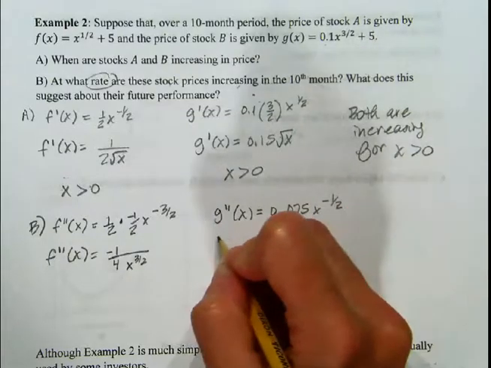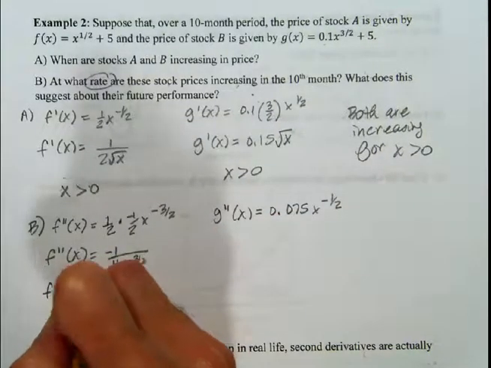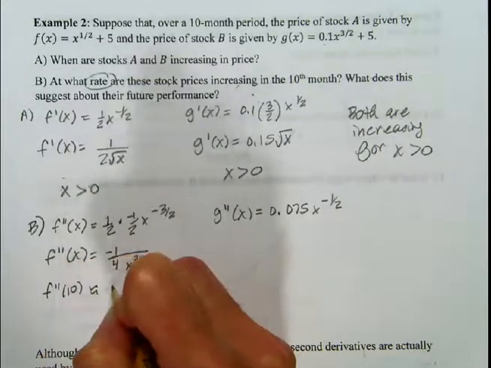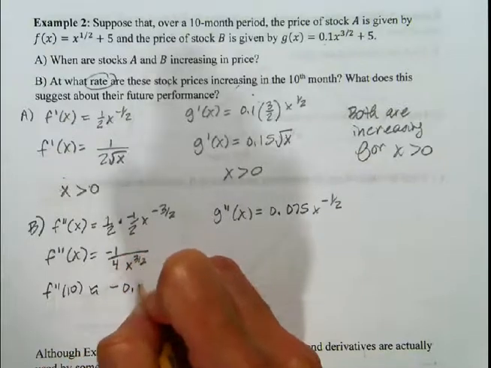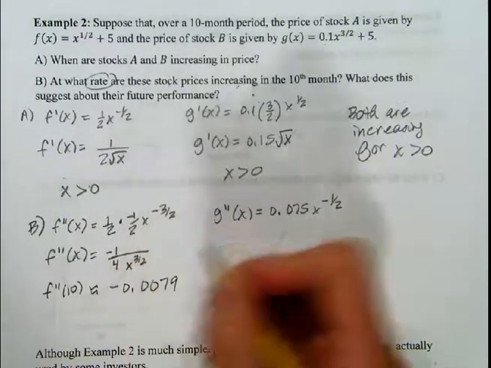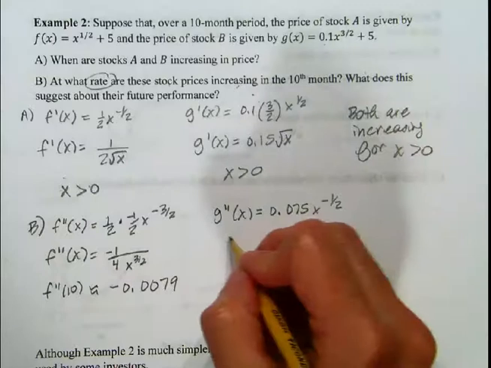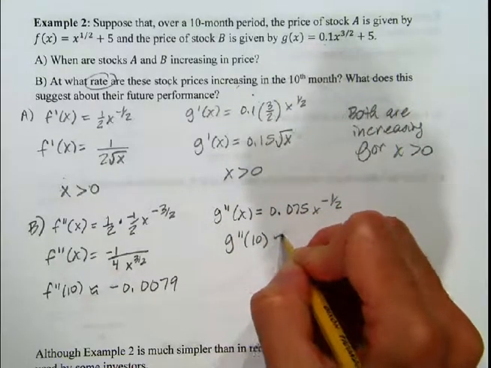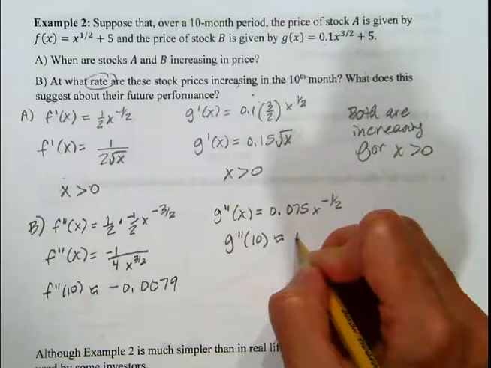So if I plug in 10, because we want the 10th month, probably should have double checked these numbers after the last one, right? But I'm going to just let you guys do that. Okay, so if I plug in 10, I think I get these numbers.